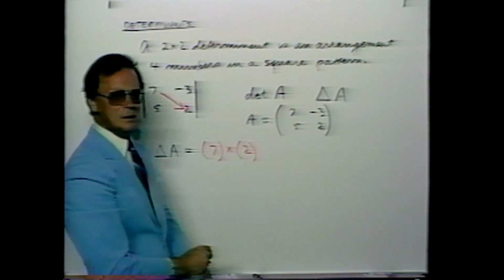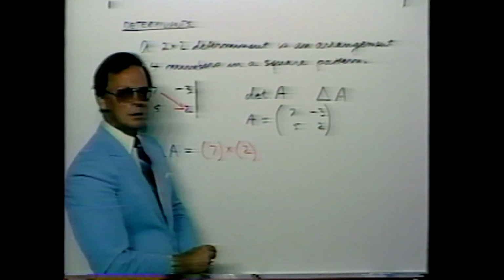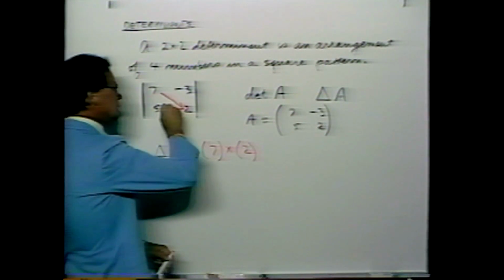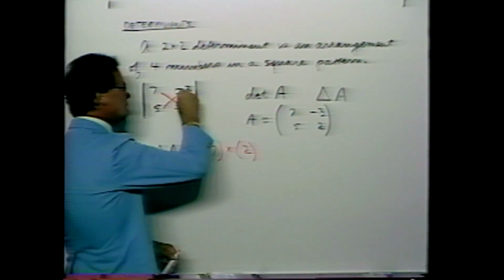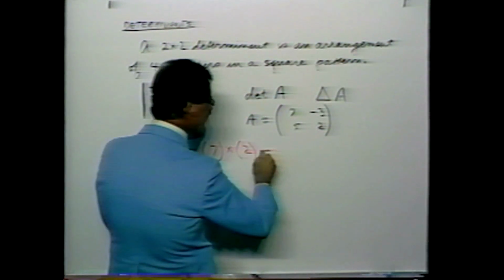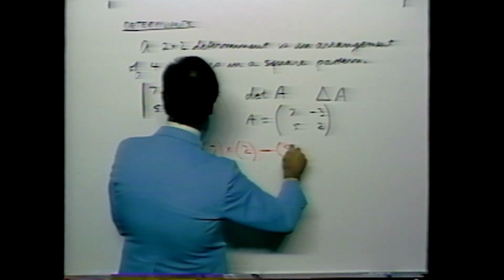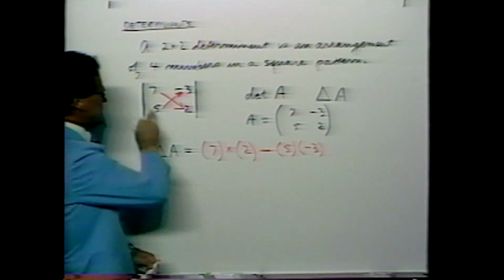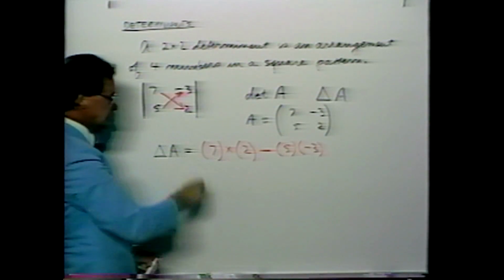And subtract the product of the numbers taken along the diagonal in the other way. You subtract 5 multiplied by -3. That's sometimes called a diagonal product.